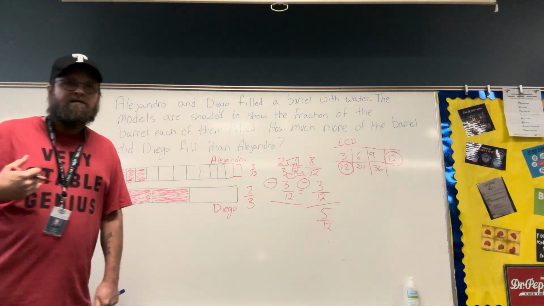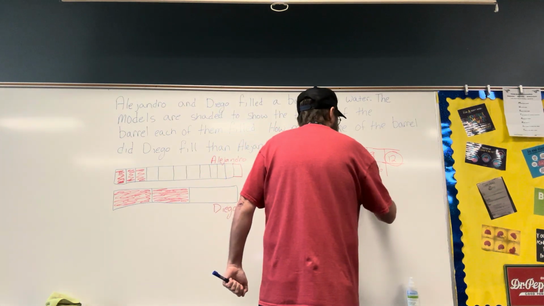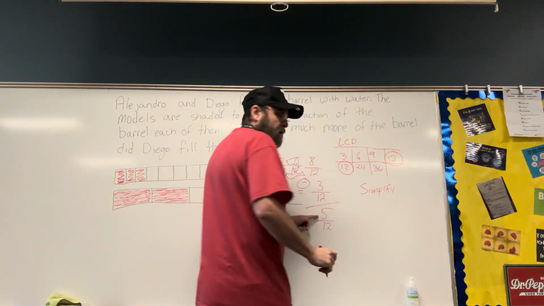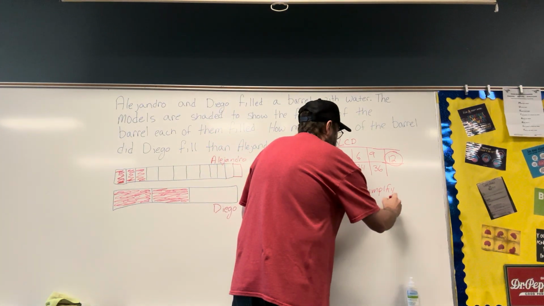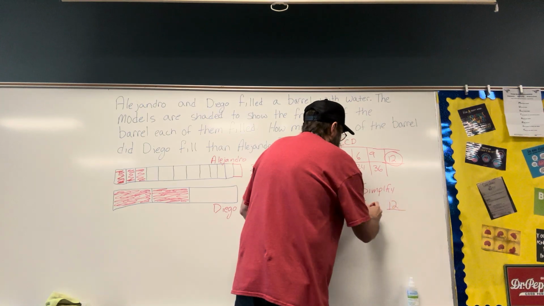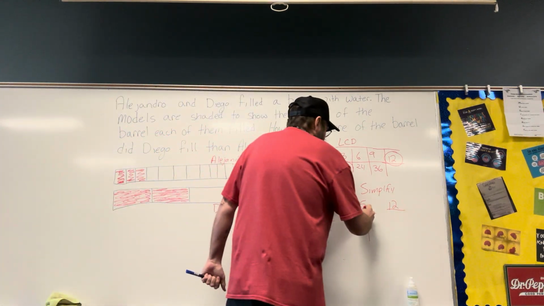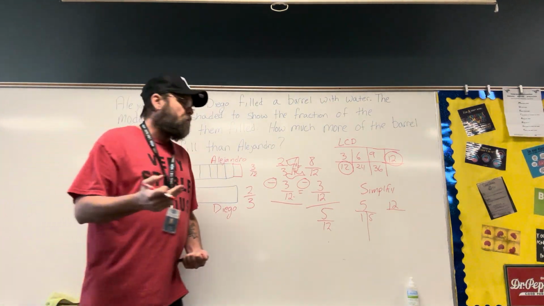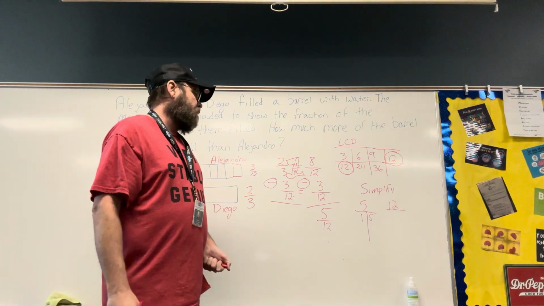Now I know that can't be simplified, but I'm going to show you how to check the simplification of it. So if I want to simplify, I take my numerator and denominator and I write all the factors. Okay, so let's start with 5. 1 times 5 is the only way I can multiply to get 5, or the only two numbers that divide evenly into 5.